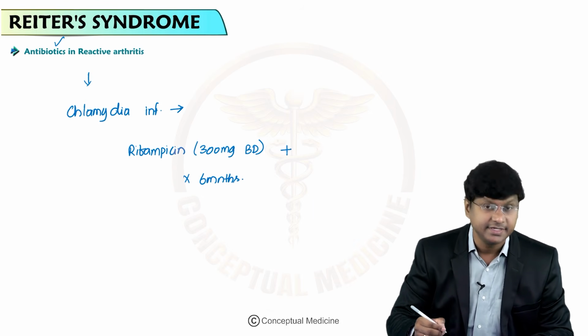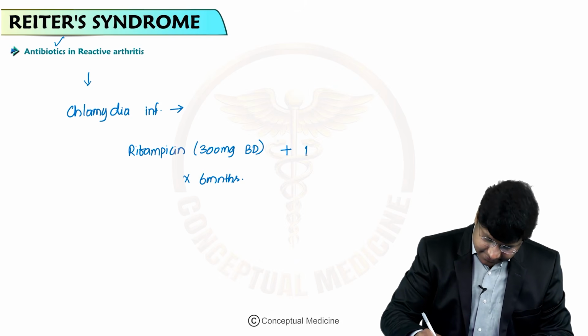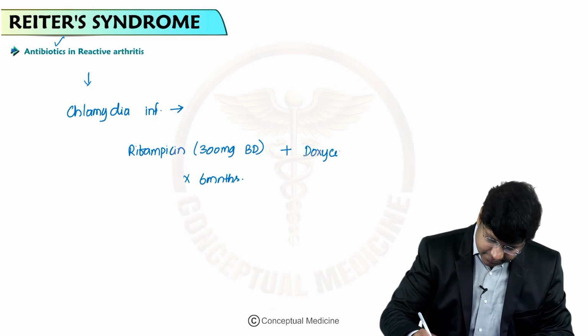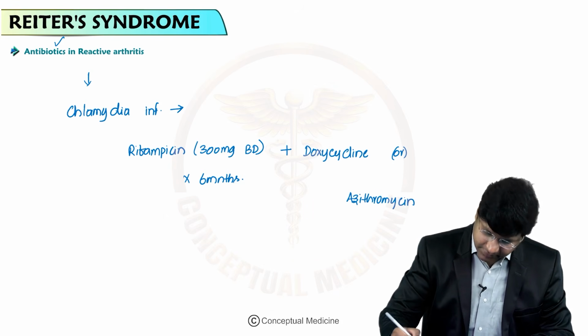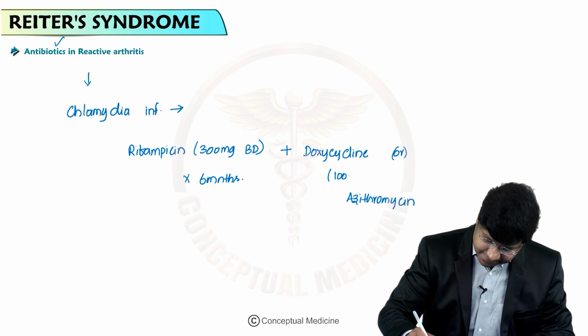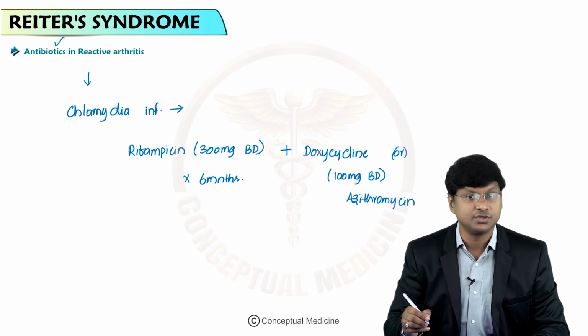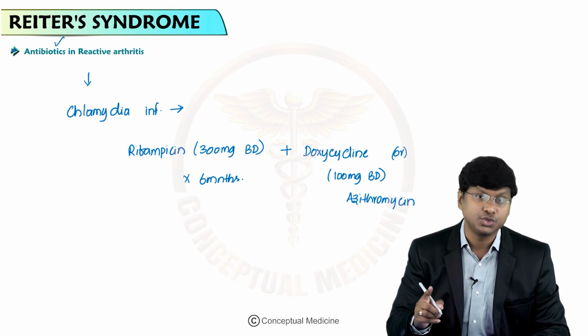And this rifampicin is given in combination with either doxycycline or azithromycin. The dosage of doxycycline is 100 milligrams twice daily, whereas azithromycin is 500 milligrams orally once daily for 5 days, then twice weekly.